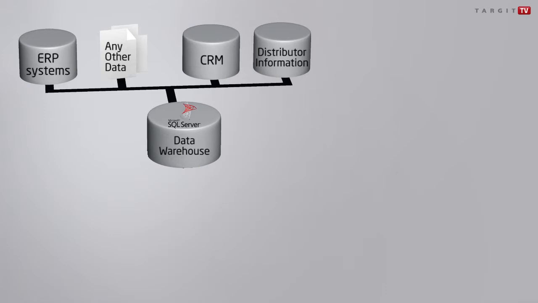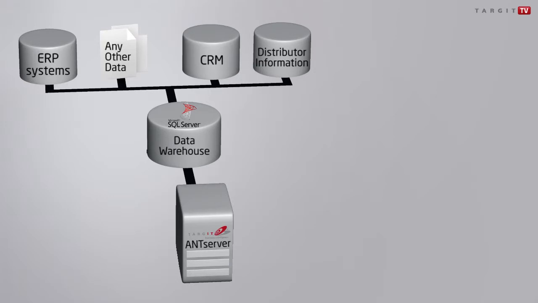As I mentioned earlier, we can access any type of information, whether that's coming from your distributors, Excel spreadsheets, Access databases, social media, your CRM system, a point of sale system, or an ERP system such as JD Edwards, Navision, even QuickBooks. We can access that information in two different forms.